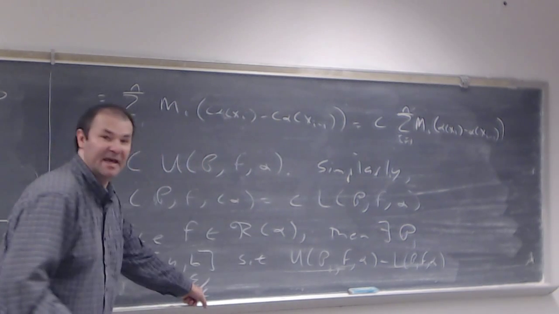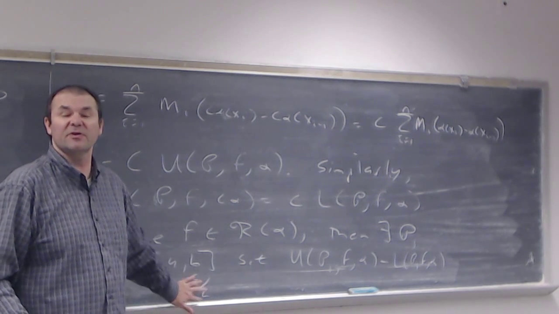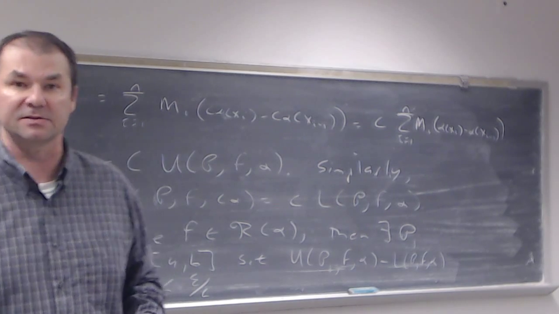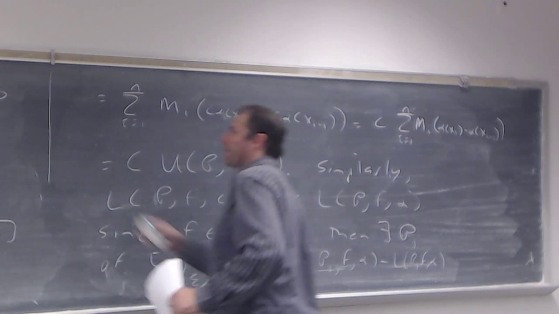Now look, that's why we have to have c being positive. Epsilon is greater than 0. If c is not greater than 0, this epsilon over c isn't necessarily greater than 0, so we have trouble finishing the proof. That's why we need c being positive.